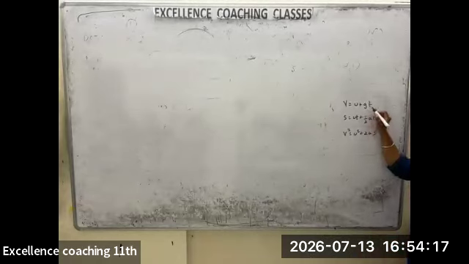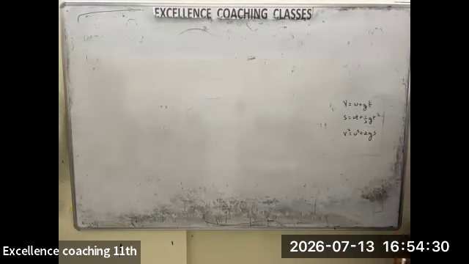Now remember one thing. For vertical motion, all your acceleration will get replaced with g. If the object is going on top, then g will be negative 10 meter per second square, or 9.8.